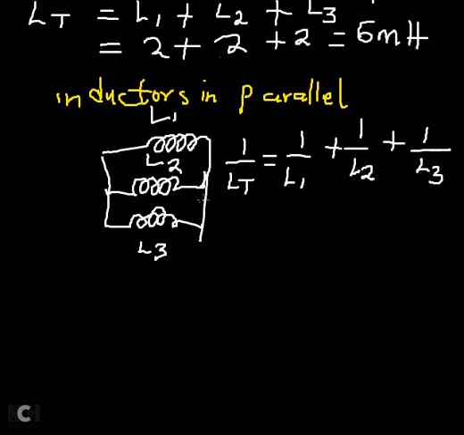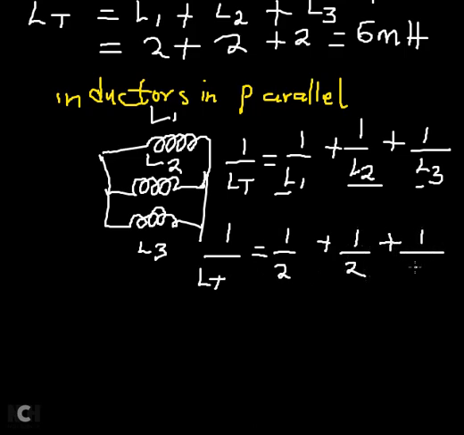Let's say each one of them is 2 millihenry. So 1 over LT is equal to 1 over 2 plus 1 over 2 plus 1 over 2.